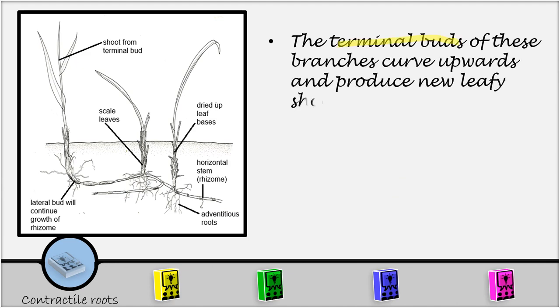The terminal buds of these branches curve upwards and produce new leafy shoots and flowers. When they are the terminal buds, they will move up, and when they move upwards, they are going to produce new flowers and new leaves. They curve upwards and they produce leaves and shoots.